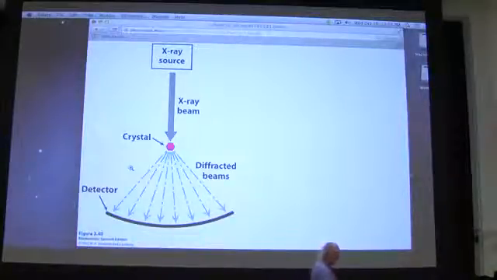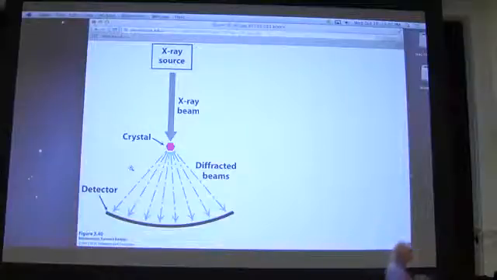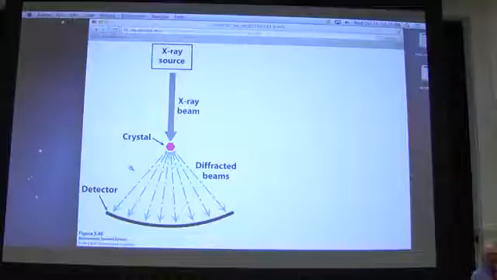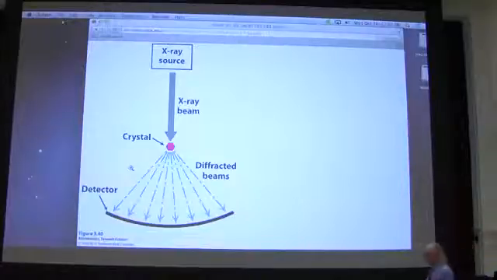Now, if you think about this, this means that the electron clouds, which surround, of course, the nuclei, if we extrapolate back and figure out where those bendings occurred, how those bendings occurred, and so forth, we can ultimately determine the position of those electron clouds, and that's what we're doing in X-ray crystallography.